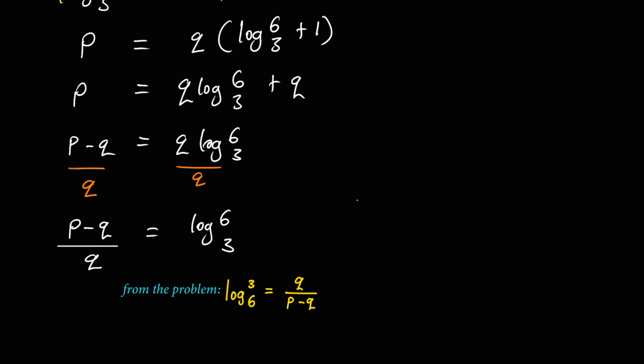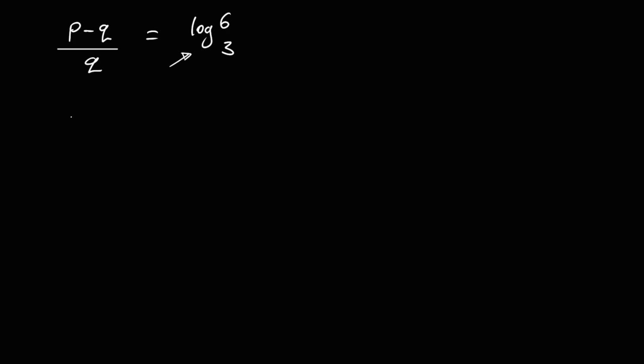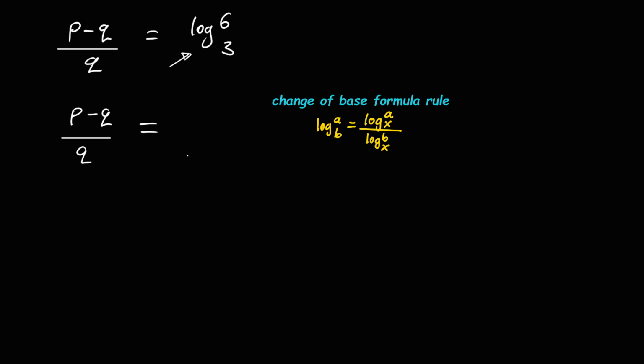But from the problem, we are required to show that log of 3 base 6 equals q divided by p minus q. So let's swap the base and argument in this. This becomes p minus q divided by q equals, using the change of base formula rule, let's introduce a new base of 6.